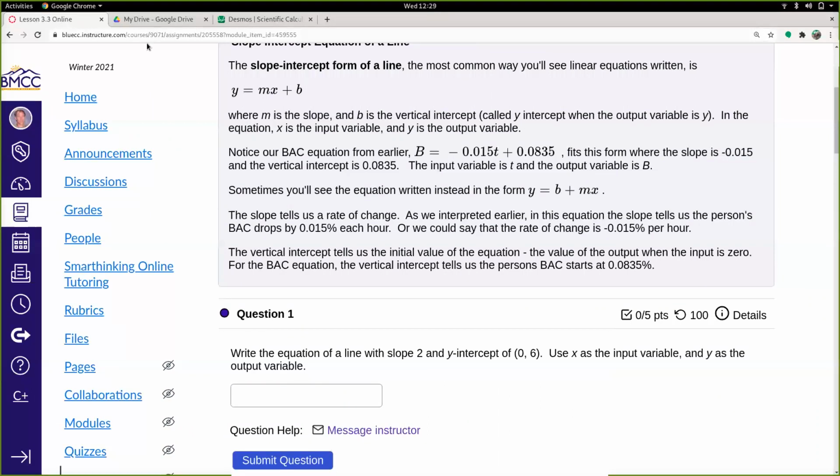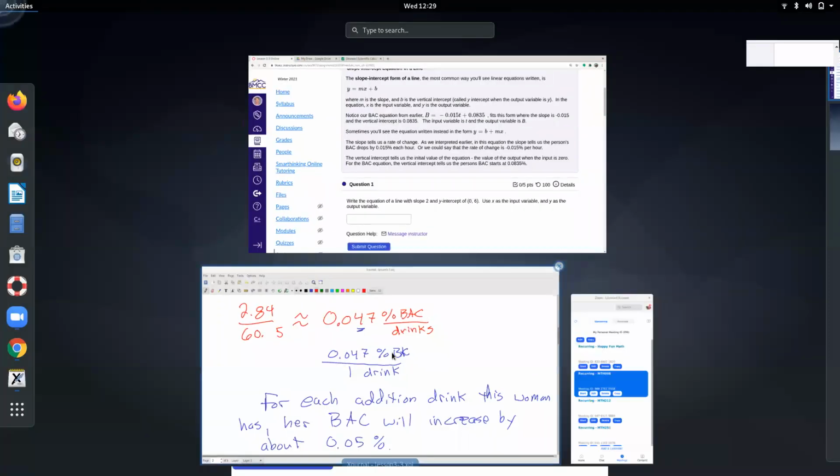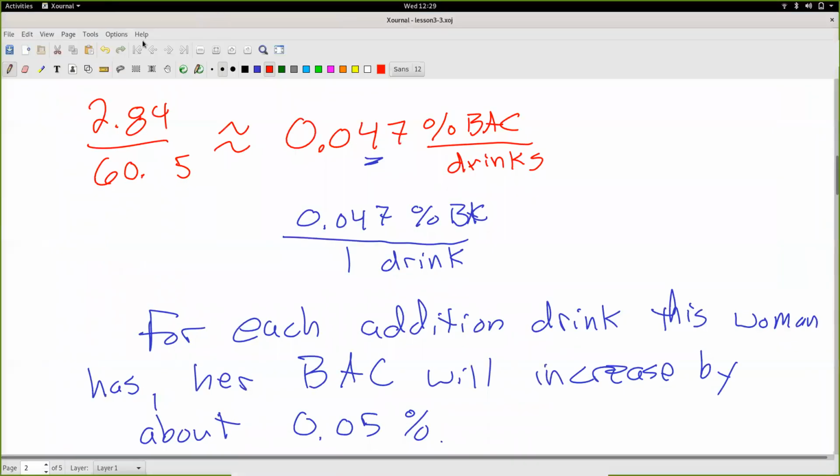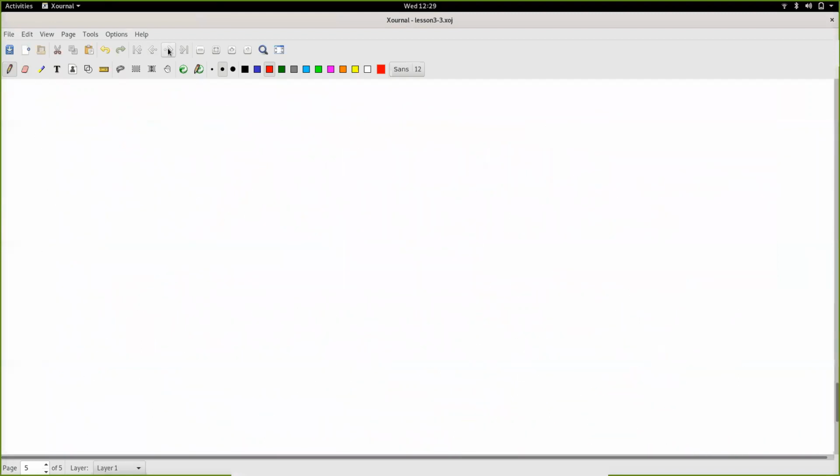And the bottom line is when we write an equation for a line, there are 2 things we need to know. So this is again for an equation of a line.